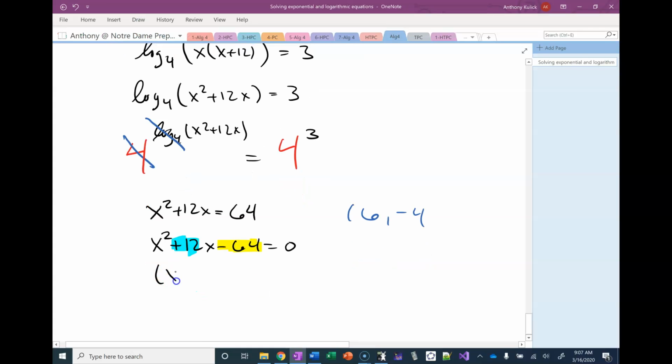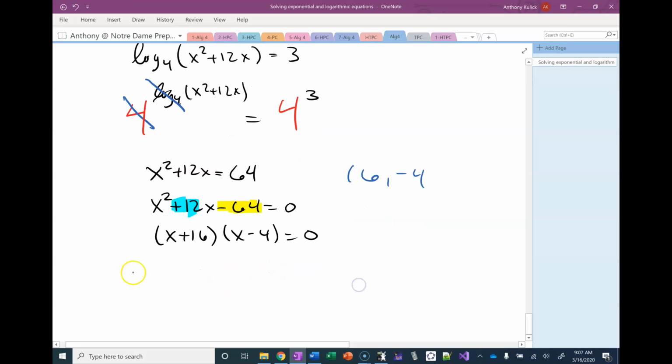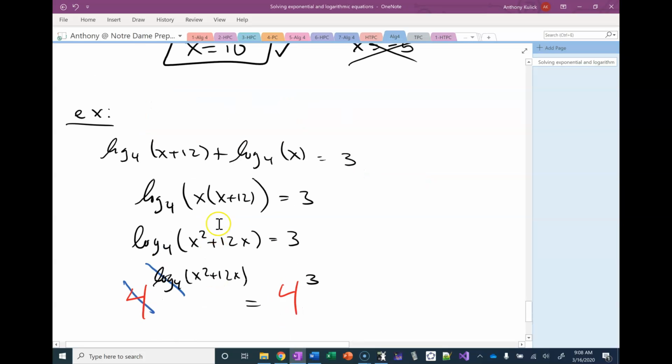So I can go immediately to x plus 16 times x minus 4 equal to 0. And then apply the zero product property. That lets me set each of those factors equal to 0. And when I solve, then I get negative 16 and positive 4. But I'm not done. I have to make sure I go back and check.